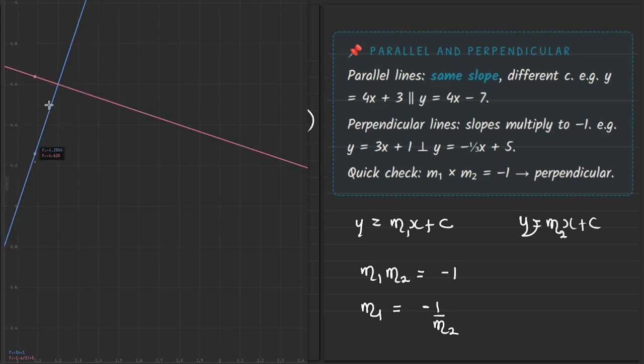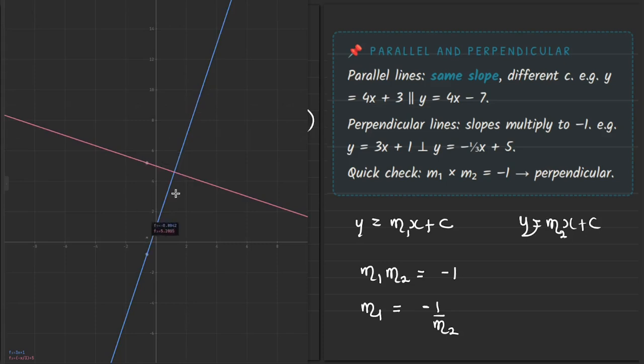There are so many other lines that are perpendicular to the blue one, but for now, our interest is on this very one. Looking at all these yellow lines, they are all perpendicular to it. Why? Because they touch it at an angle of 90 degrees. But this very one is the one that satisfies this equation over here.